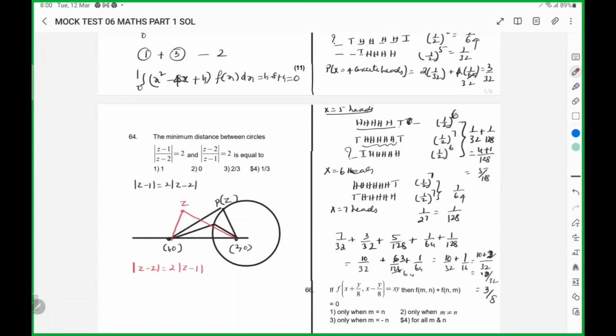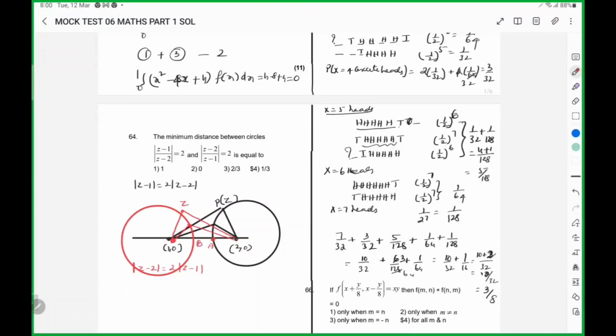So like this you can have one more point. So such points, all the points are joined to get another circle. So what he is asking is least distance, that is AB.